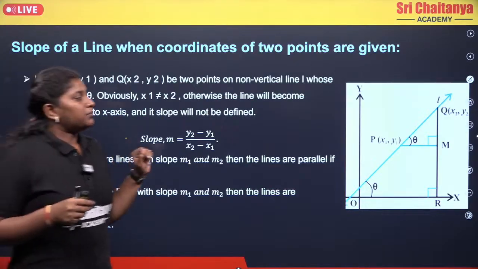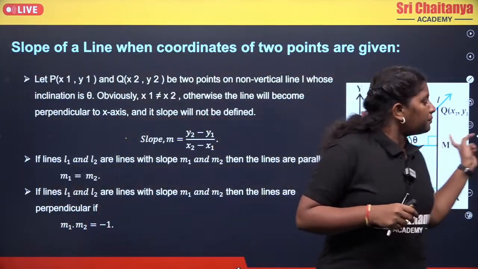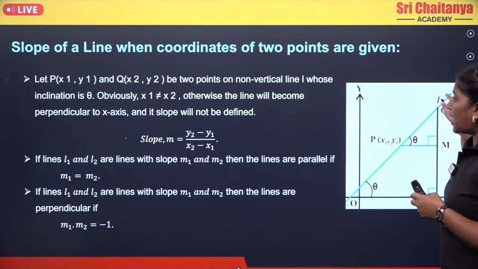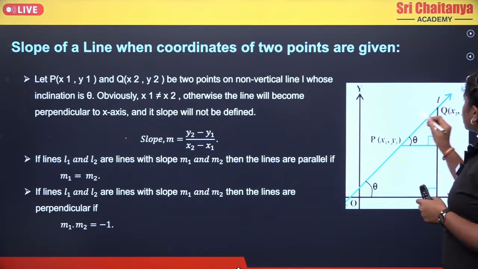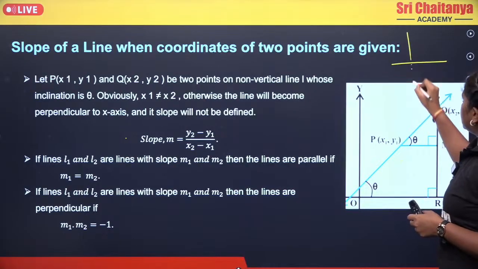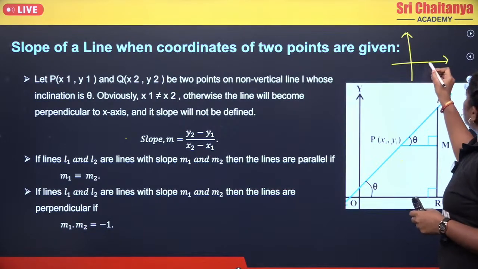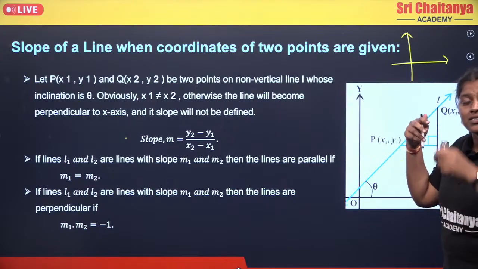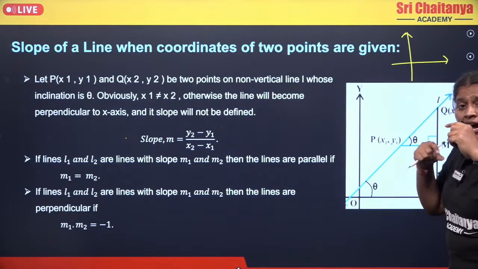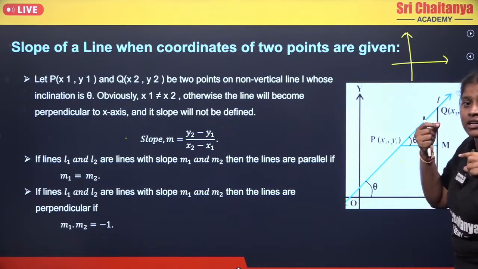And coming to another important thing, if you look here, our x1 and x2 are not equal. Why? Because if x1 and x2 are equal, what will we get? Our x value is the same value. It means our x value will be a constant value.